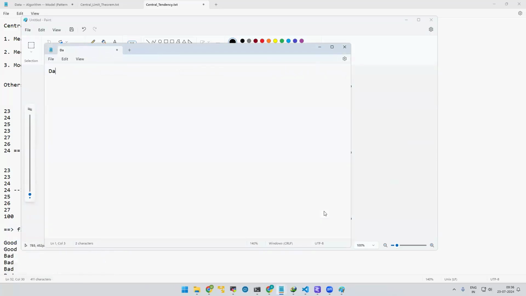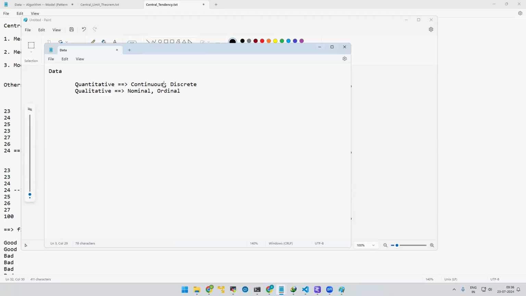Sorry, this is quantitative, which is subdivided into continuous and discrete, and this is qualitative, which is nominal and ordinal.